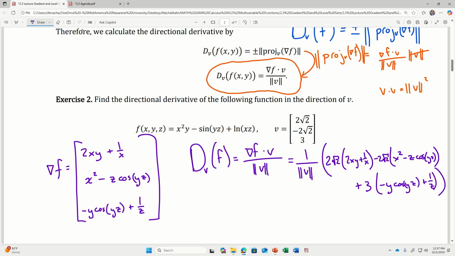And then the last part is just finding out what is the norm of v. And the norm of v is 5.